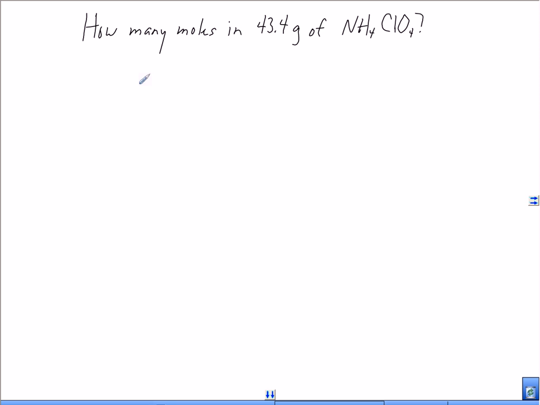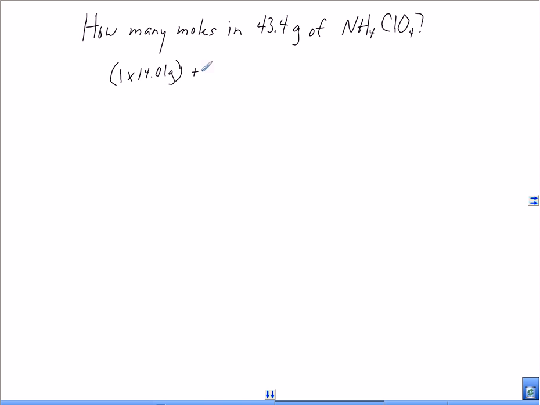And where do we find the molar mass of anything? Off the periodic table. So I go to the periodic table and I look up the molar mass of each one of the elements in the compound. Well, there's one nitrogen, and each nitrogen has a mass of 14.01 grams. Probably don't even need to put the 1, but I will since I did for the first one.